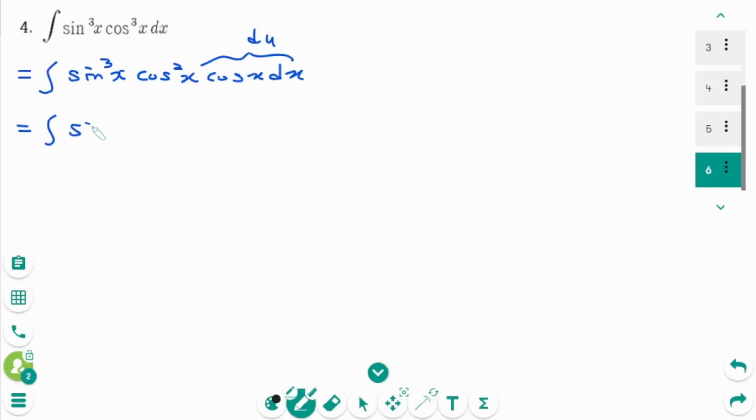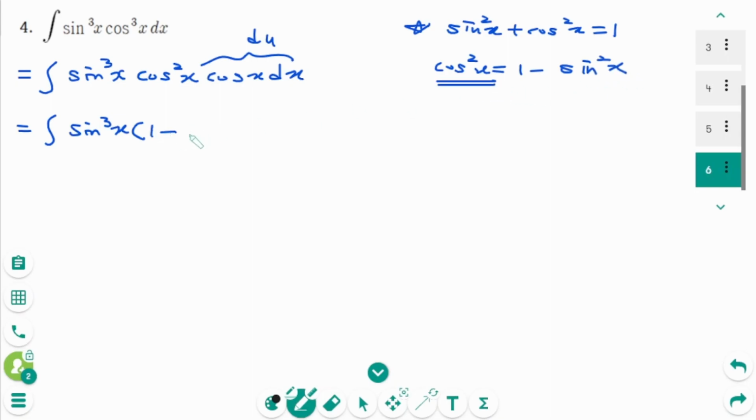equals integral sine cubed x times, sine squared x plus cosine squared x equals 1, then cosine squared x equals 1 minus sine squared x, then 1 minus sine squared x, then cosine x dx.